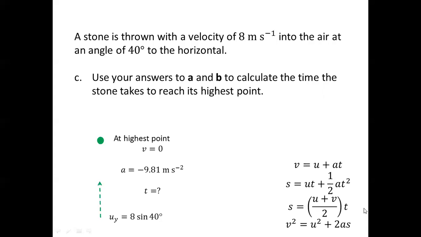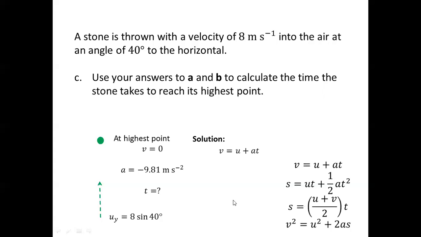Next is to check whether the other variables given in that equation are all known. Notice that for the second and third equations, they both contain displacement, which is unknown so far. That means we can use the first equation because V, U, and A are all known.